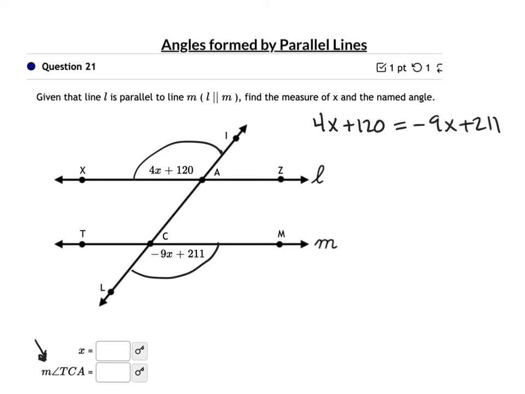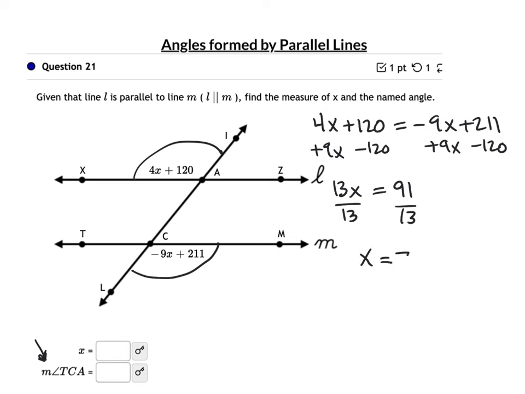So we'll add 9x to both sides, and 9 plus 4 is 13x. We'll subtract 120 from each side, and 211 minus 120 is 91. And we'll divide both sides by 13, and 91 divided by 13 is 7.